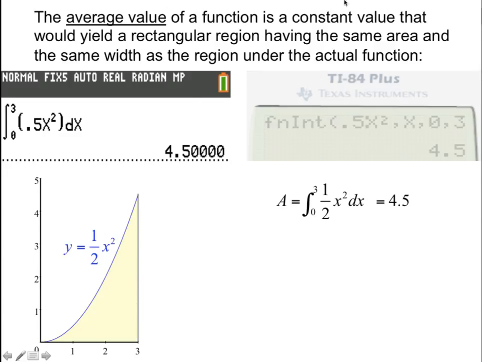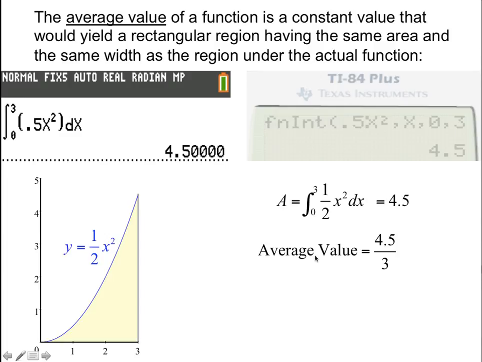So let's look at this definition of an average value then. The average value of a function is a y value, and it's constant. It yields a rectangular region that has the same area, so 4.5 in this case, and the same width, so the width is 3, as what we see under the actual function.